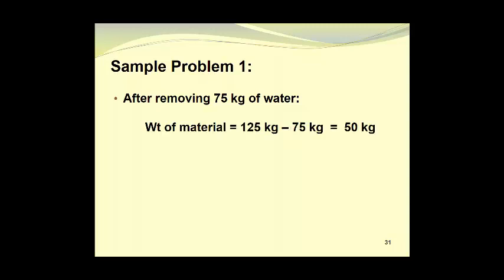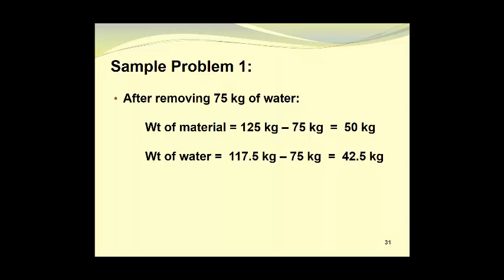Now let's take a look at what happens after removing 75 kilograms of water. The weight of material that will be left is the original weight of 125 kilograms minus the 75 kilograms of water that have been removed, and that leaves us with 50 kilograms of material after the drying process.